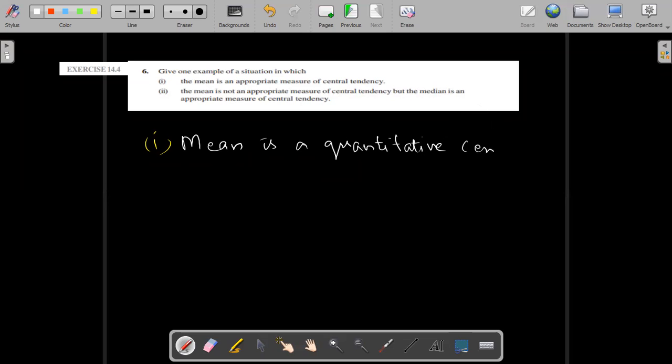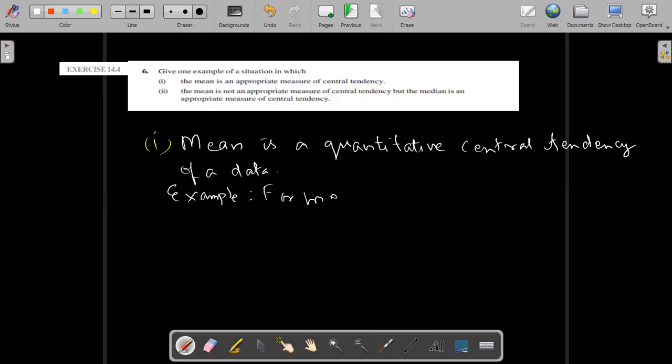For example, when we are calculating marks, we use the mean.